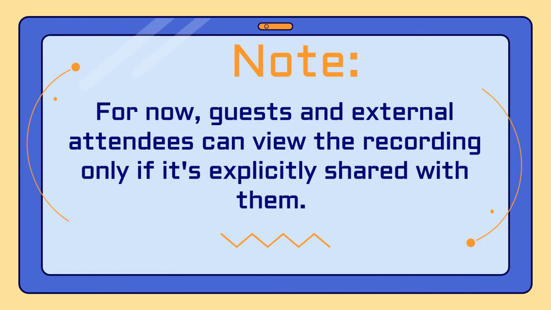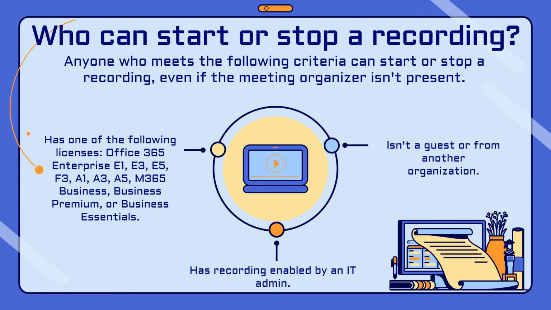Okay, note, for now, guests and external attendees can view the recording only if it's explicitly shared with them. Okay, who can start or stop recording? Anyone who meets the following criteria can start or stop a recording even if the meeting organizer isn't present in the meeting.